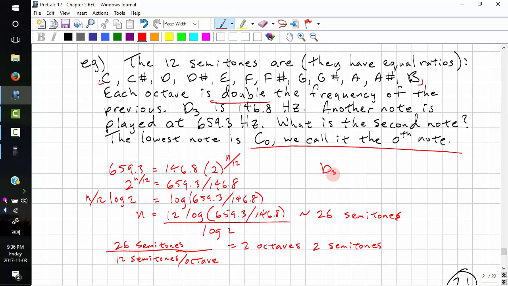D3, we add plus 2 octaves. This means we go to D5. Now we need to add 2 more semitones. So we count 1, 2. D5 plus 2 semitones gives us E5. And that's our answer.